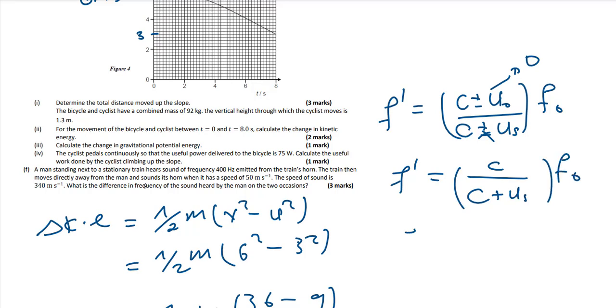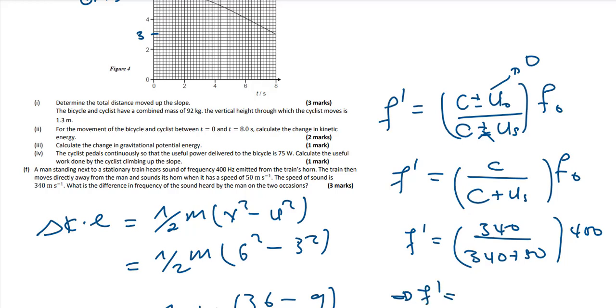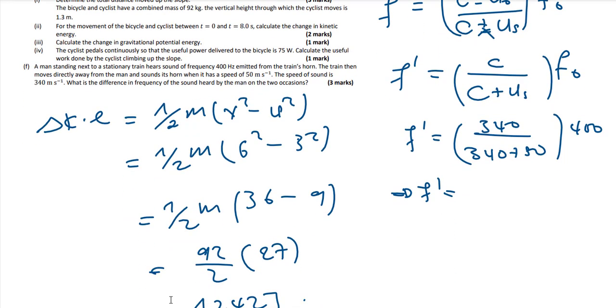F prime is equal to 340 divided by 340 plus 50, times F0, which is 400. 340 plus 50 is 390, and 340 divided by 390 is 0.87, times 400, so we have about 348.72 hertz.